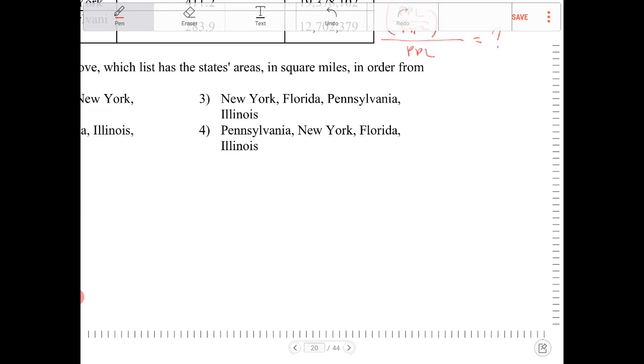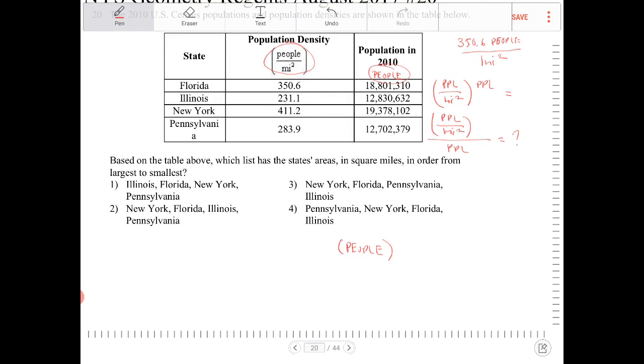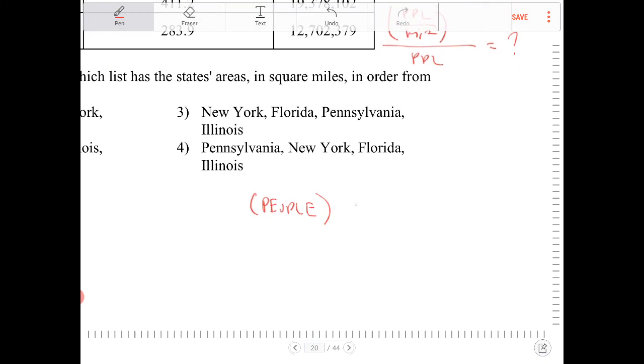Well, I want people, the amount of people in the state, that's the population in 2010, and I want to somehow get from this to square miles. So I want to multiply this by units of 1 mile squared over people.